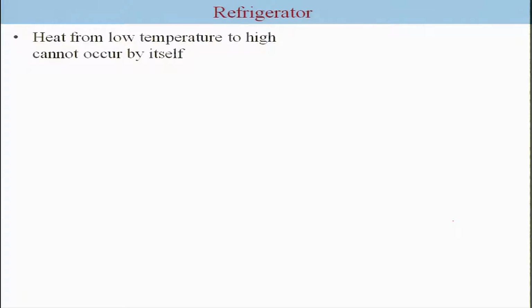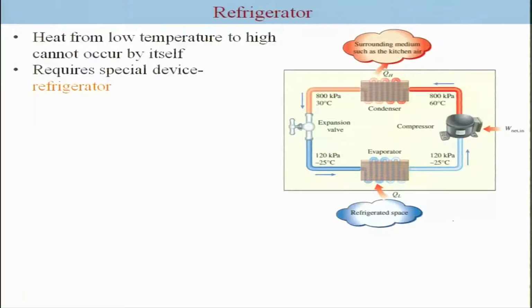Now, if you want to transfer heat from a low temperature to a high temperature, which is not a natural process, you need to use a different device which we call a refrigerator, okay. A refrigerator also has many components in it, okay. This is an example of a vapor compression refrigeration cycle, where you have condenser, compressor, evaporator and expansion valve, okay.